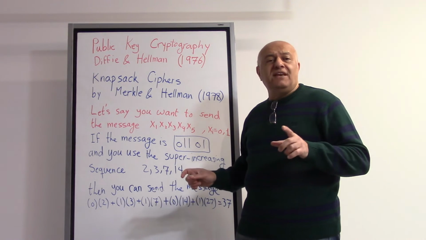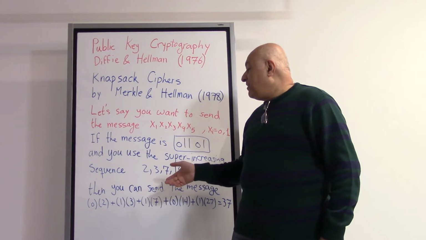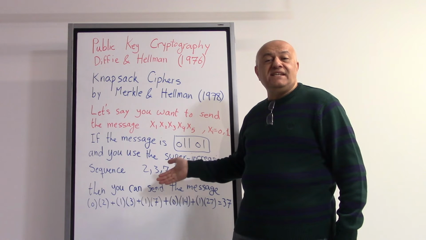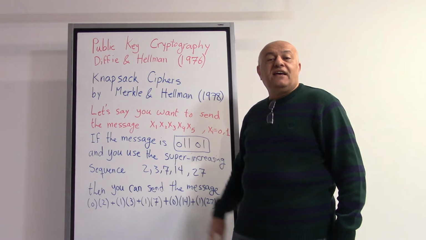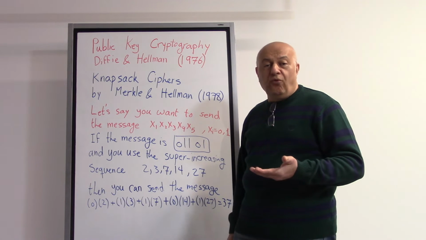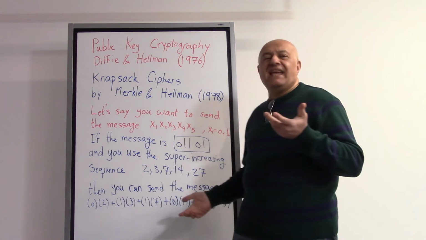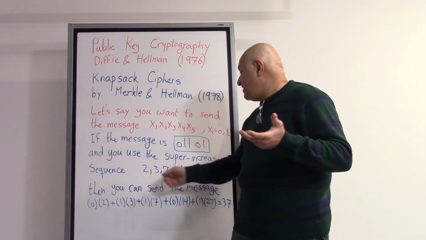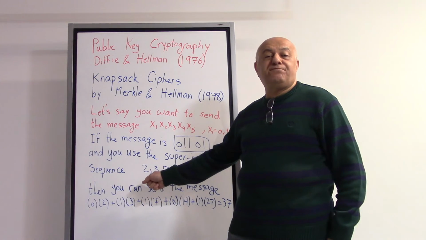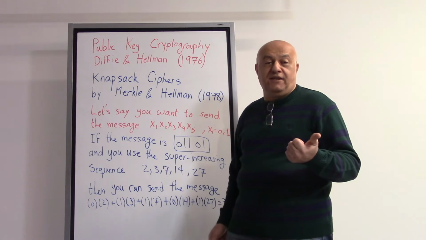The problem is, of course, this is very easy. When you send that message, everybody can easily decipher it, and you don't want this to happen. So then what can you do? You have this sequence, but obviously you don't want to give this information, which is a key, to everybody.